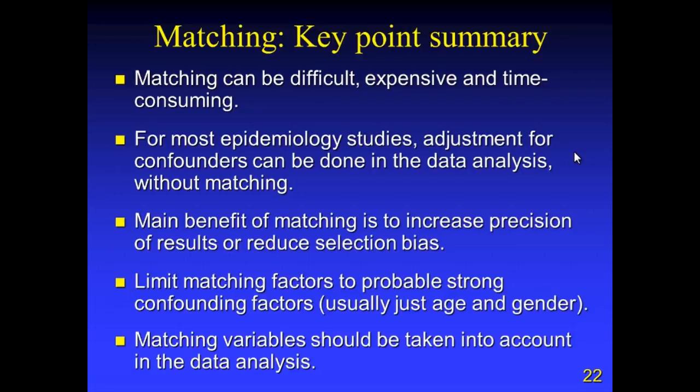The main benefit of matching, because we can adjust for confounding in other ways, is to increase the precision of the results, or to reduce the selection bias, such as when using a hospital-based case group and using neighbourhood matching. The key thing to remember, though, is if you do match, limit it to strong confounding factors, and often that boils down to just age and gender. And finally, remember, you need to take the matching variables into account in your data analysis.